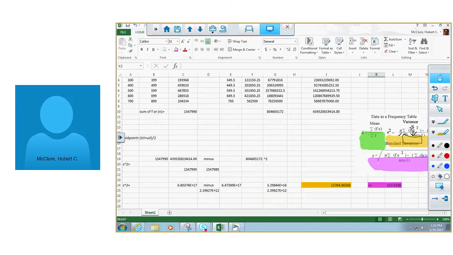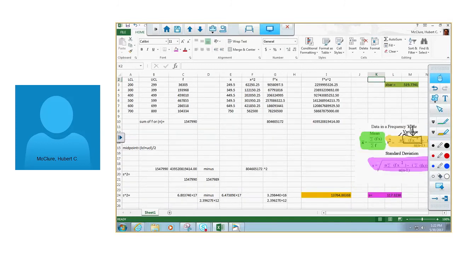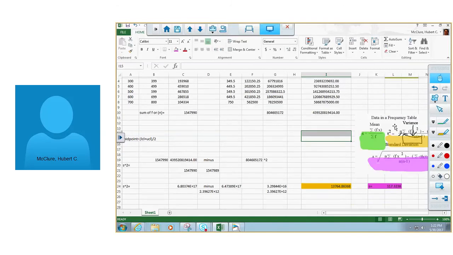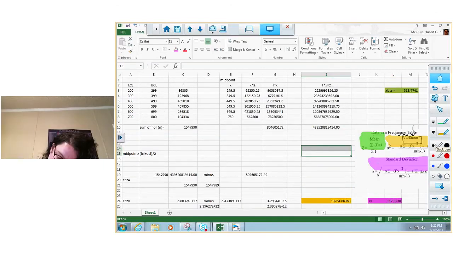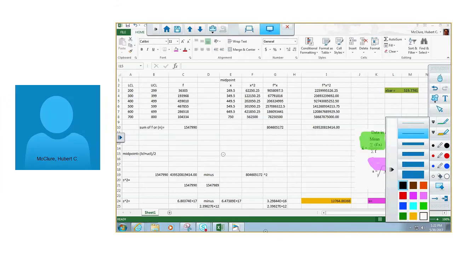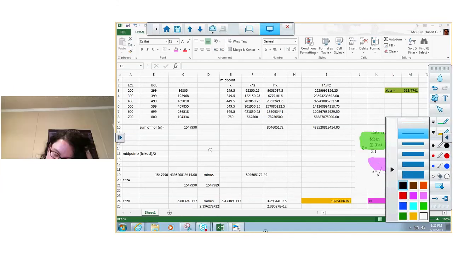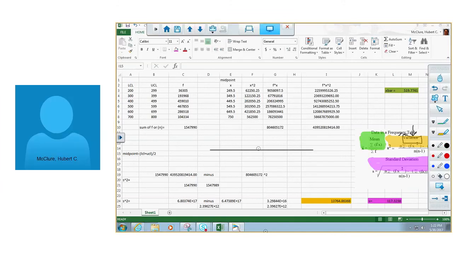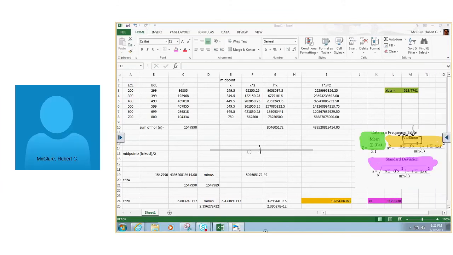So that means you're going to have a, I don't know how that happened. I'm just going to draw a line, make it black. And in the middle, that line is the mean.